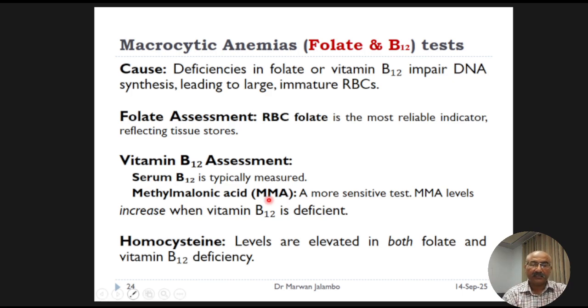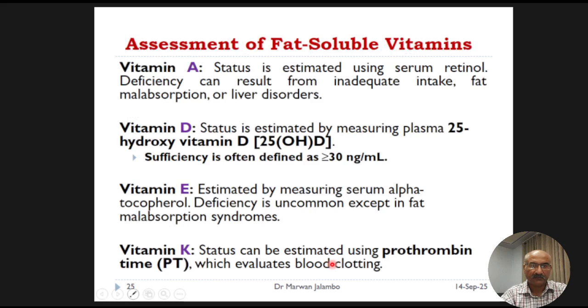Another test is homocysteine. Homocysteine level will be elevated in both folate and B12 deficiency, as both vitamins are required for its metabolism. So beyond the B vitamins involved in anemia, let's briefly cover the assessment of fat-soluble vitamins.